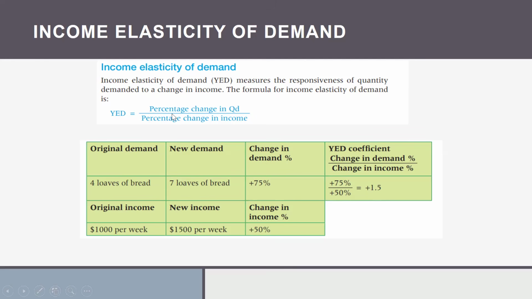Just remember, when you're calculating a percentage change, it's always change over original. So the percentage change in demand will be the change in demand over the original demand multiplied by 100. The percentage change in income would be the change in income over the original income multiplied by 100.